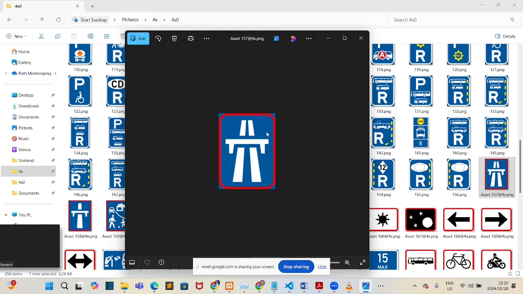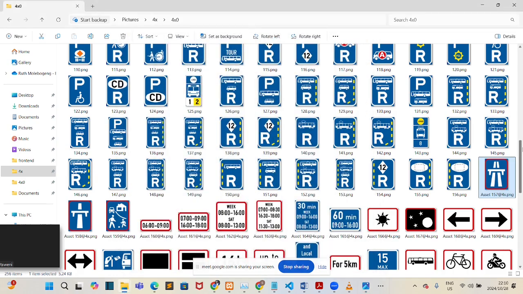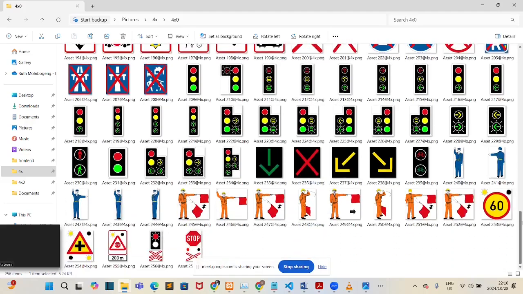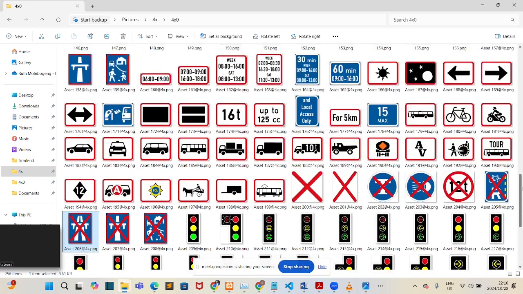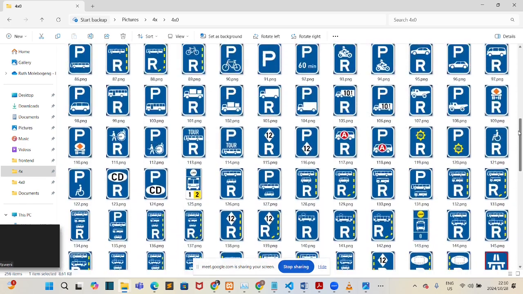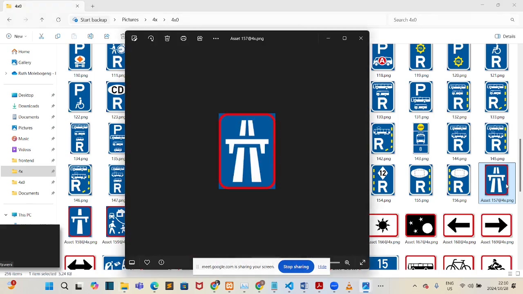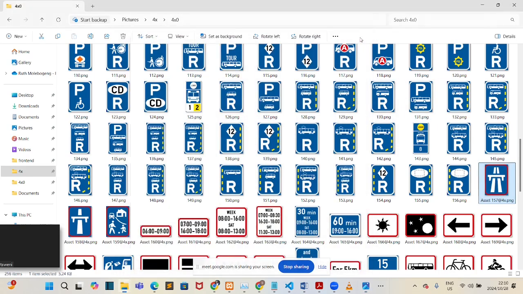So you should obey all the rules that apply there, right? This one I get on an on-ramp. When I'm on-ramping to that dual road, I see that one.